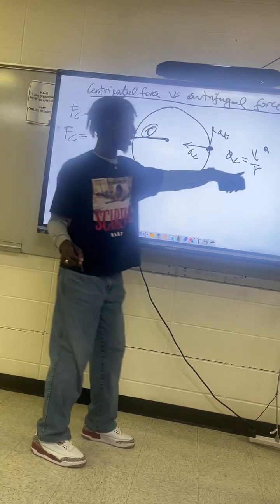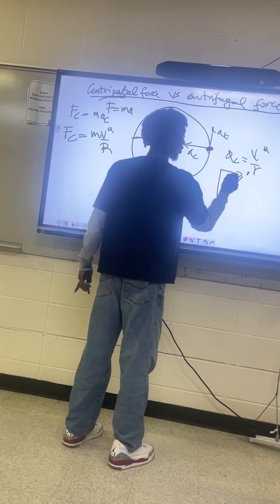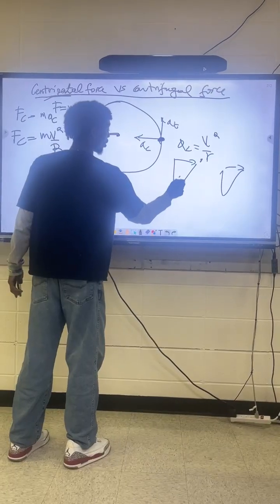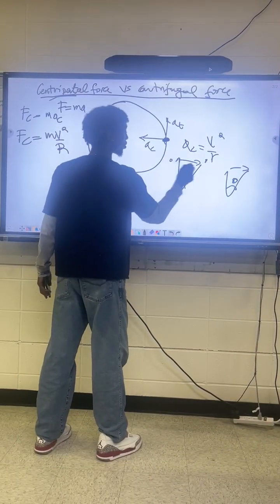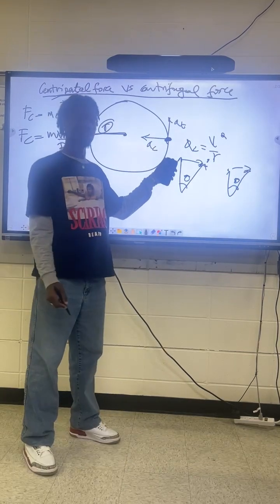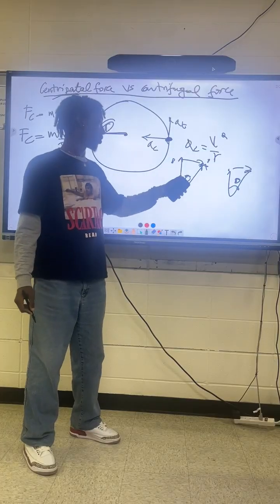And where does the V squared over R come from? We know that there is an angle between, when an object is moving from here to here, from this angle to this angle. We know that this angle is equal to this angle.